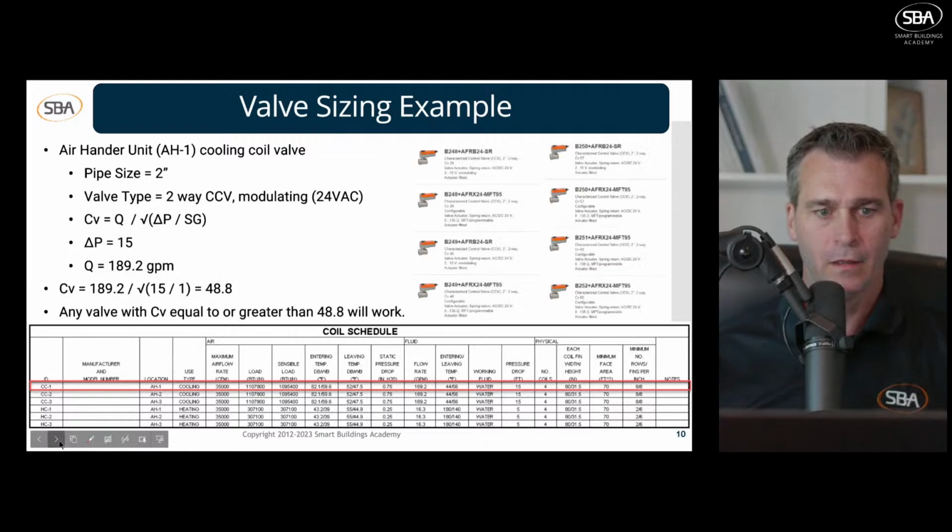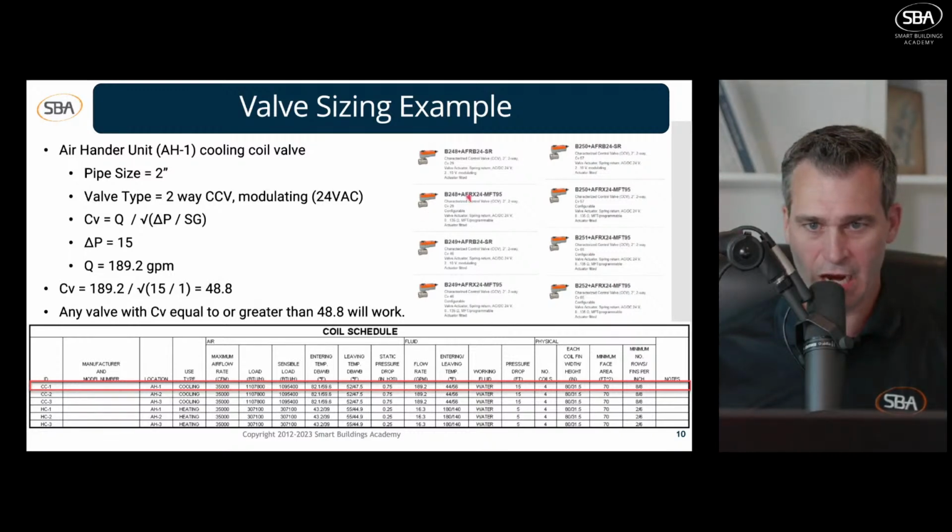Okay. All right. So we go to our catalog, and as we can see over here, there's a lot of different choices for these different types of valves. So what we're going to do is find the one with the CV that's closest to 48.8.